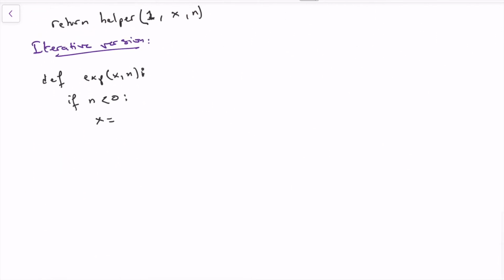And n, since we were passing minus n before, becomes equal to minus n, and then we continue. And if n is not less than 0, we'll just skip this block after the if. And so if n equals 0, at that point, say we just got the parameter 0, then there's no need to do anything, we could just return 1.